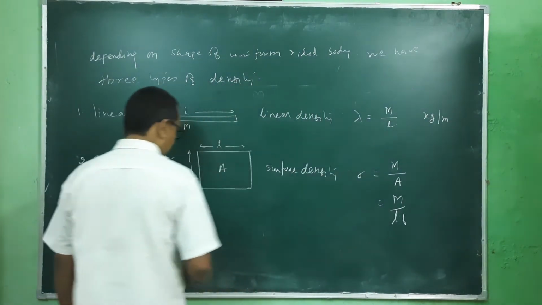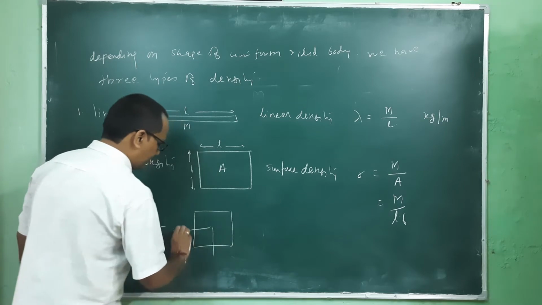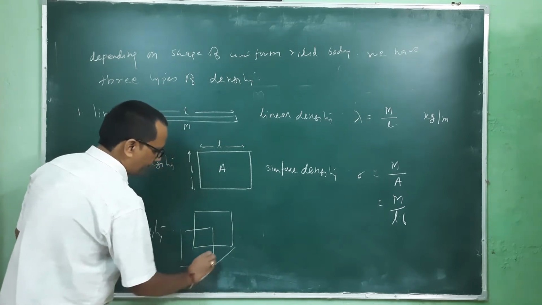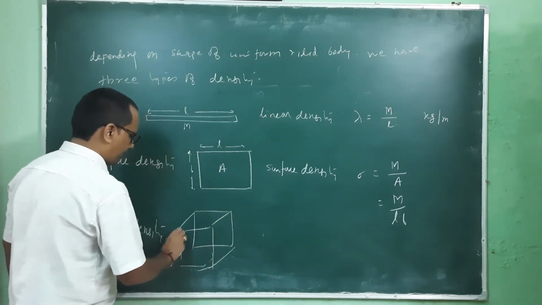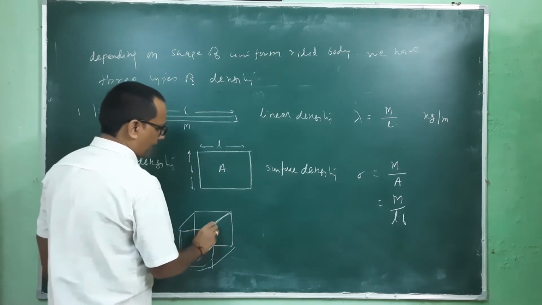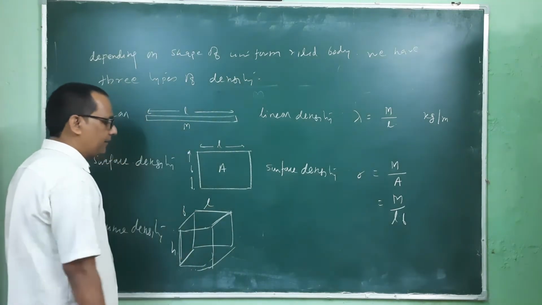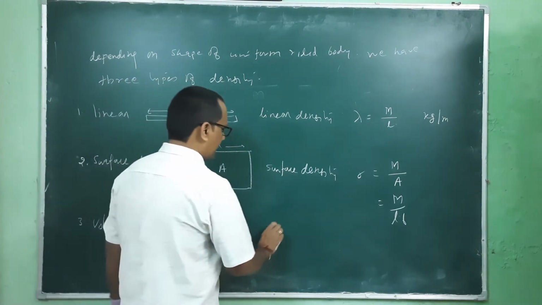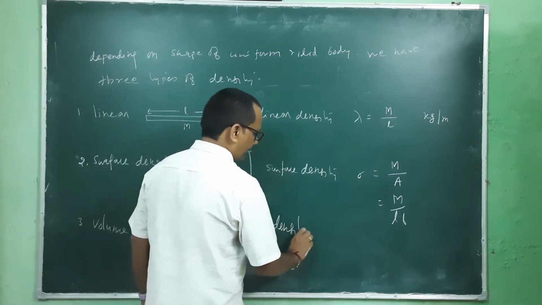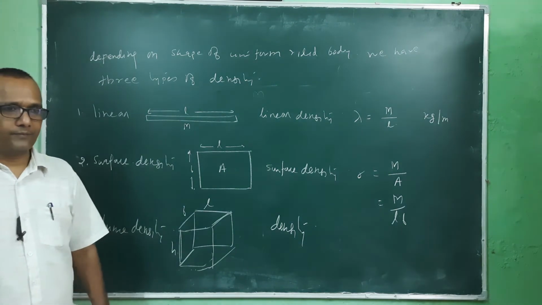So if that body is a 3D body, so if that body is a three-dimensional body, so length, width and height are given. So this is just the density, not volume density, just density.